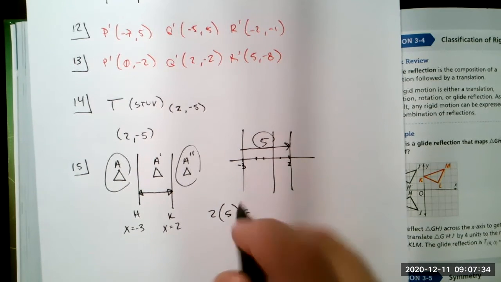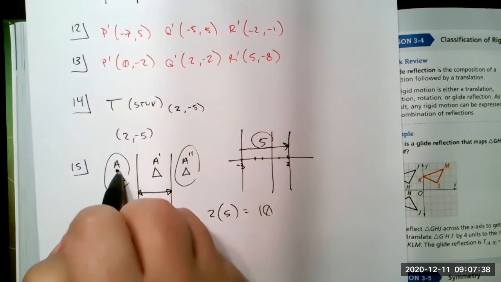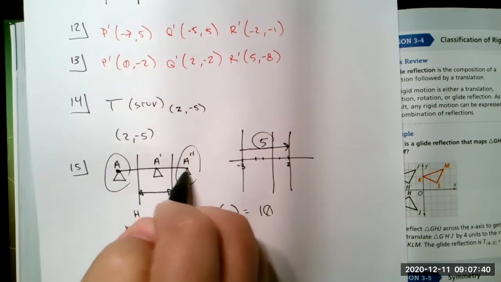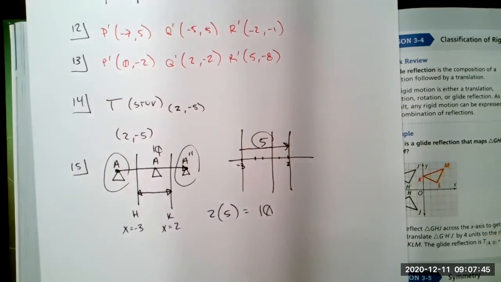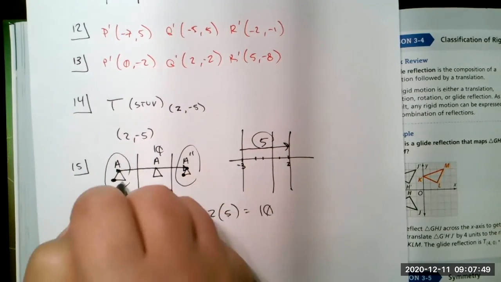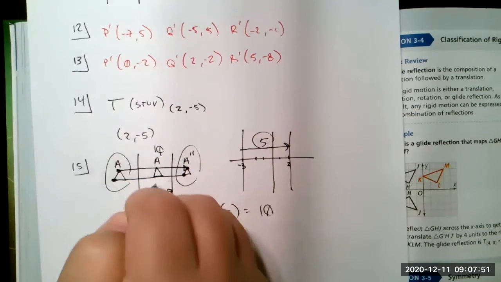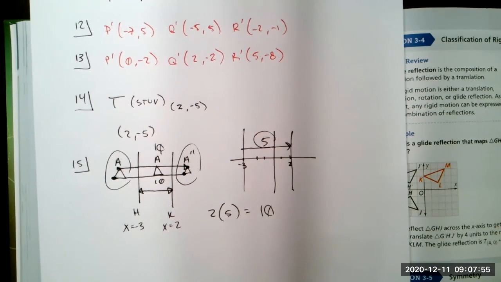All I have to do is multiply it by 2. So I know from A all the way to A double prime, that thing is 10 units apart. From this side of the triangle all the way to that side of the triangle, that thing is 10 units apart. So that's the easier way to think about that type of problem.